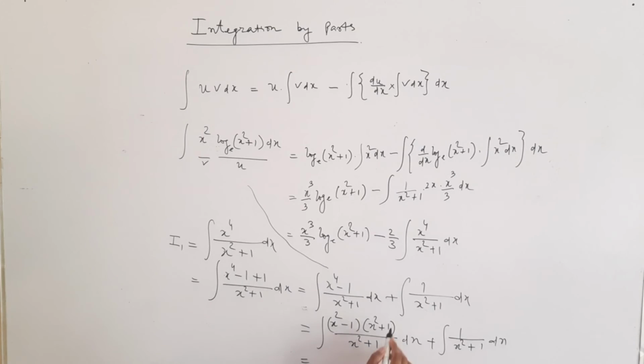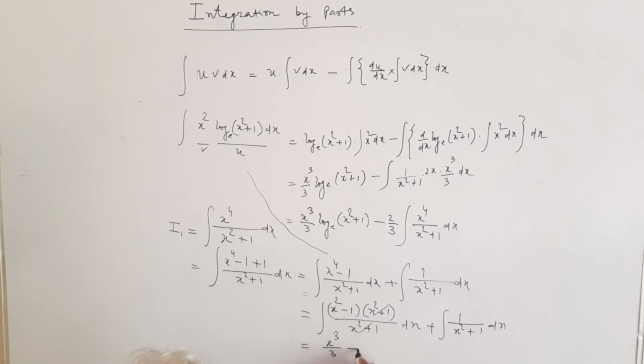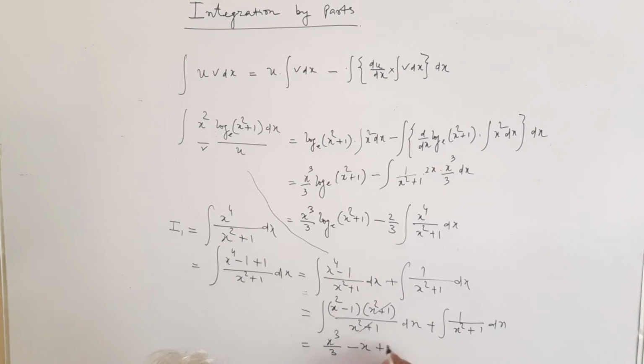So this and this cancel, and we have to find the integration of this, that is x cube over 3 minus x, and this is just tan inverse x. So this is the integration of the term I1.